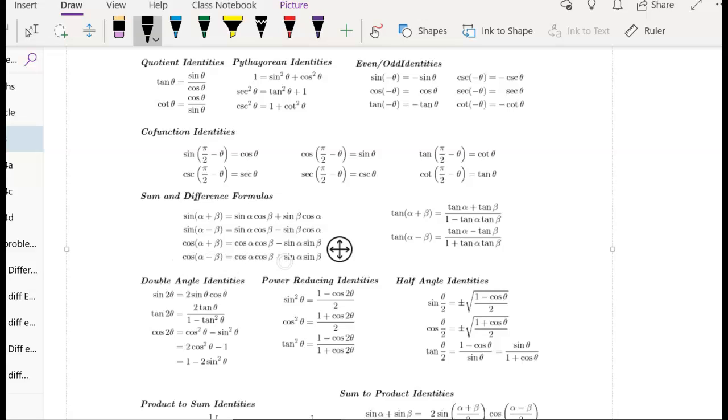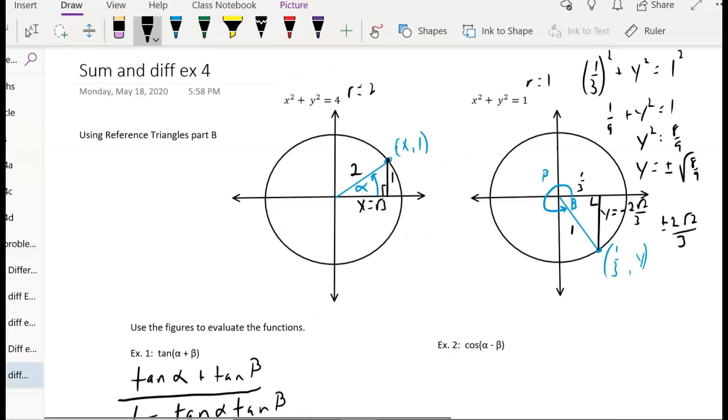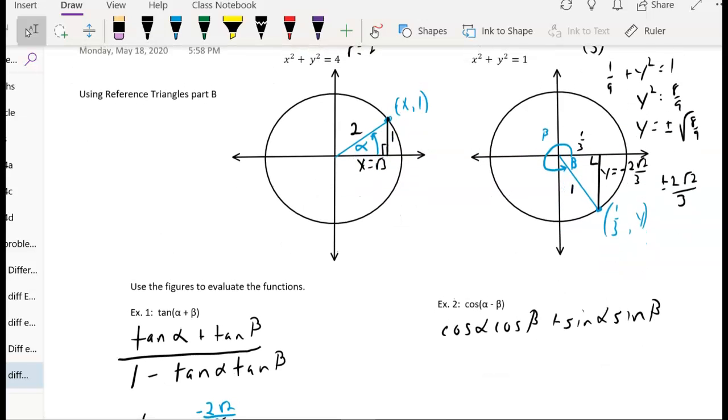Okay, so it's cosine plus sine. So it's going to be the cosine of alpha cosine of beta plus the sine alpha sine beta. And we just pull those numbers right off of the triangles above. So the cosine of alpha, we look over to the left triangle, and from alpha it's going to be rad 3 over 2.